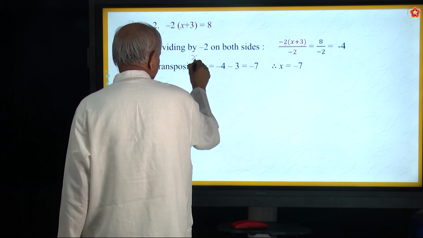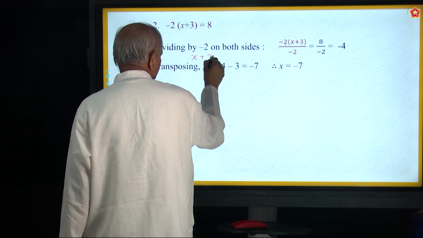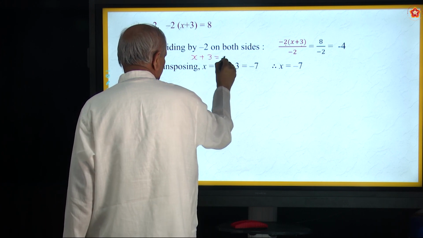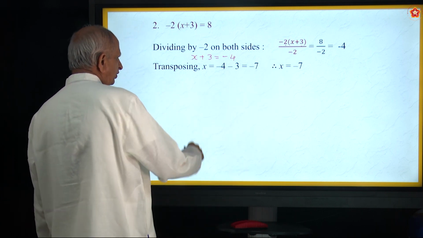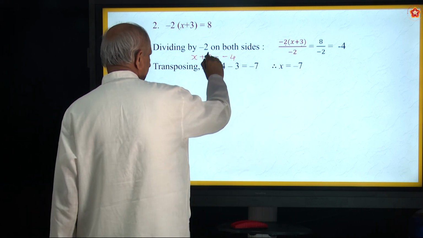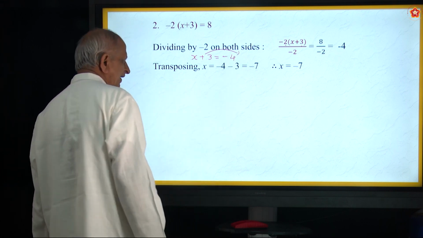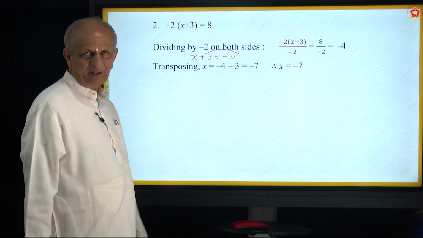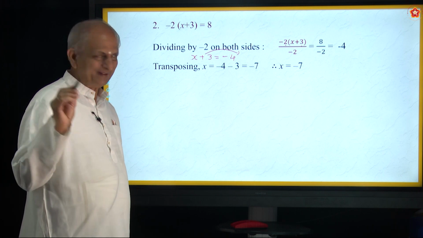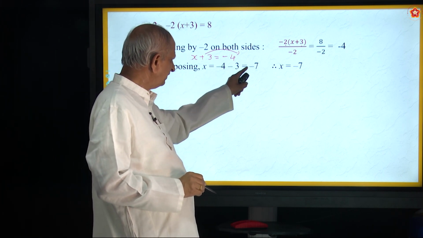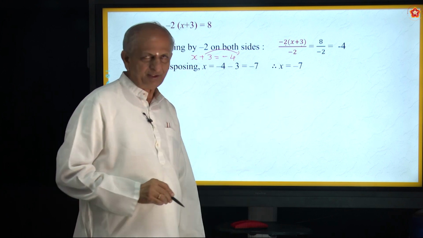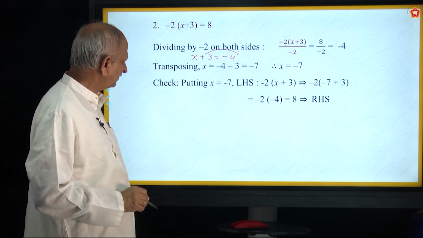So, it was like this, x plus 3 is equal to minus 4, that is what you got here. Now, what do you have to do now? Plus 3 is to be transferred to right side. What happens? Minus 3. So, x is equal to minus 4 minus 3 becomes minus 7. So, x is equal to minus 7 is the answer.